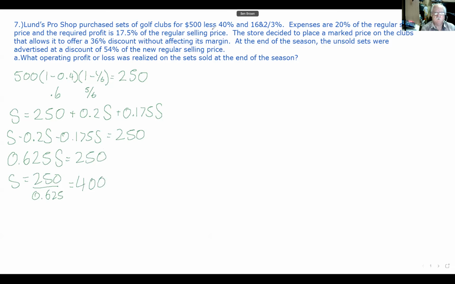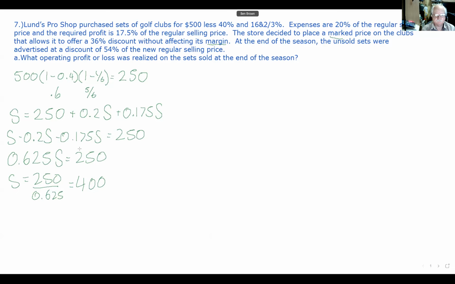So we've only read 2 of the sentences so far. The store decided to place a marked price on the clubs that allows it to offer a 36% discount without affecting its markup. And remember, margin and markup mean exactly the same thing.